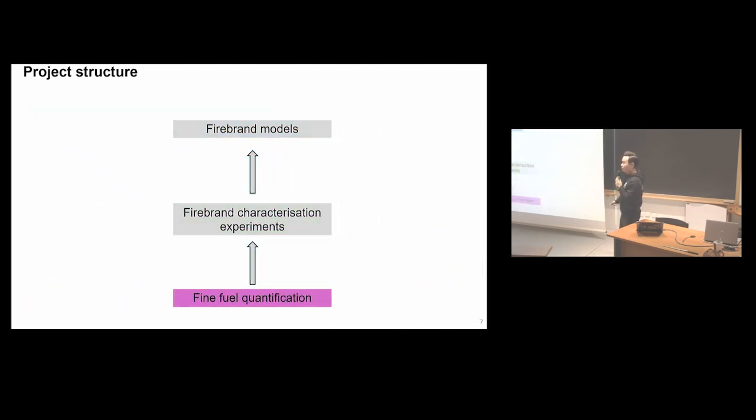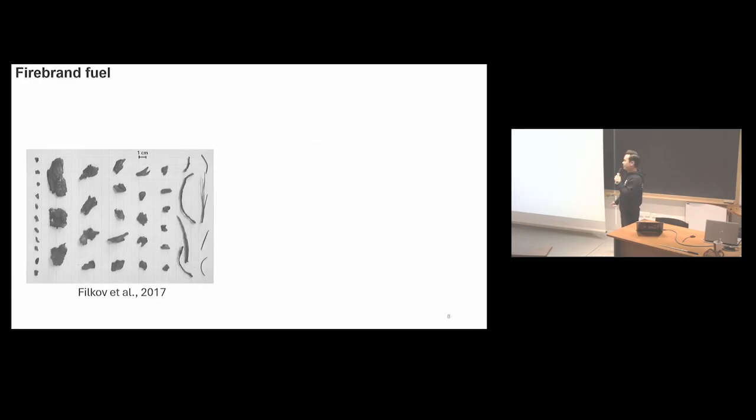So the first thing I do is the firebrand fuel quantification. Before I started my PhD, I imagined that when there is a bushfire, the whole tree gets burned off, but it's actually not like that.